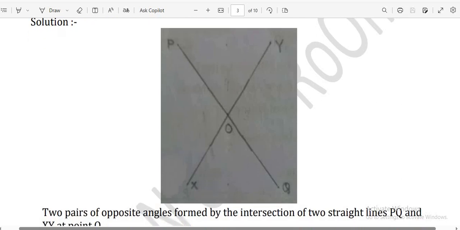Let us consider the two lines to be drawn in the following way.